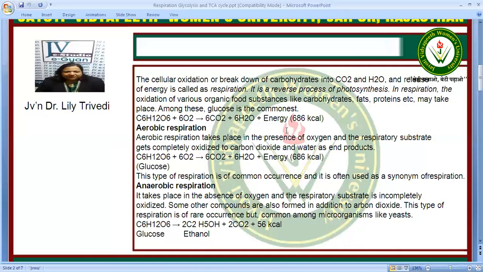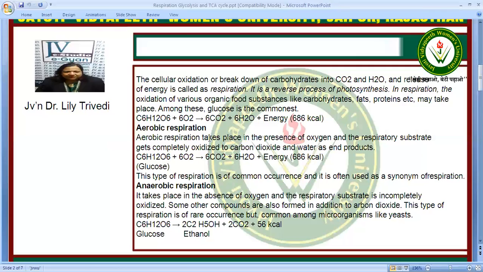Here you see, this is a glucose molecule and oxygen is taken in, and the final products we are getting are carbon dioxide, water and energy, that is 686 kilocalories.